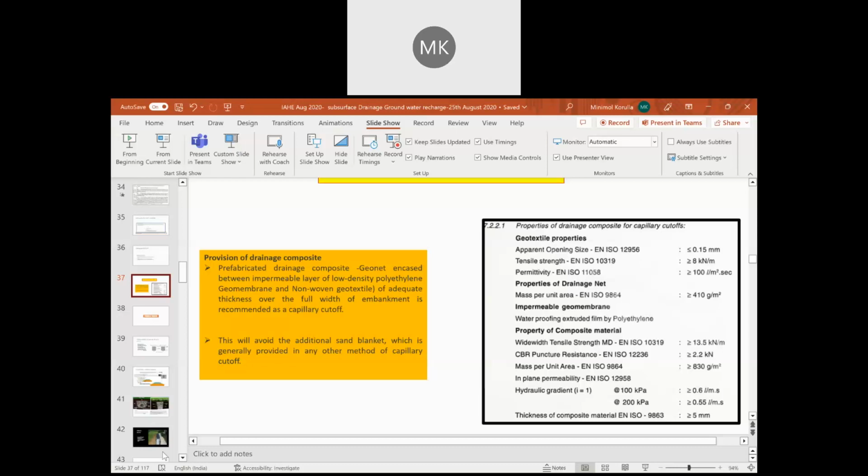But when you are asking for a technical data sheet for a geocomposite, please ask for the pressure volume change graphs. Okay. And that will make you understand up to what pressure I can use this drainage geocomposite without any distortion or deformation.